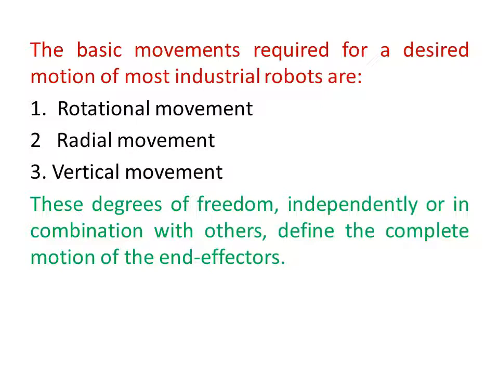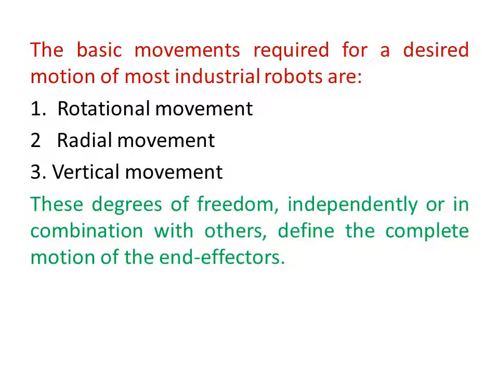Next is the vertical movement. In this case the robot can take its end effector to different heights, which means the end effector will move vertically. So there are three kinds of motion combining together and permitting the degrees of freedom: rotational, radial, and vertical.